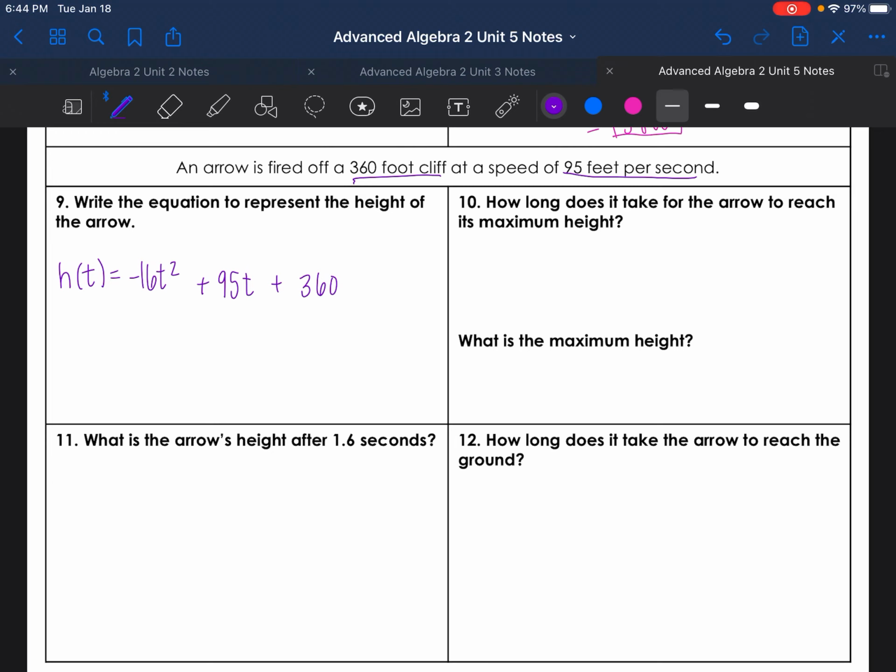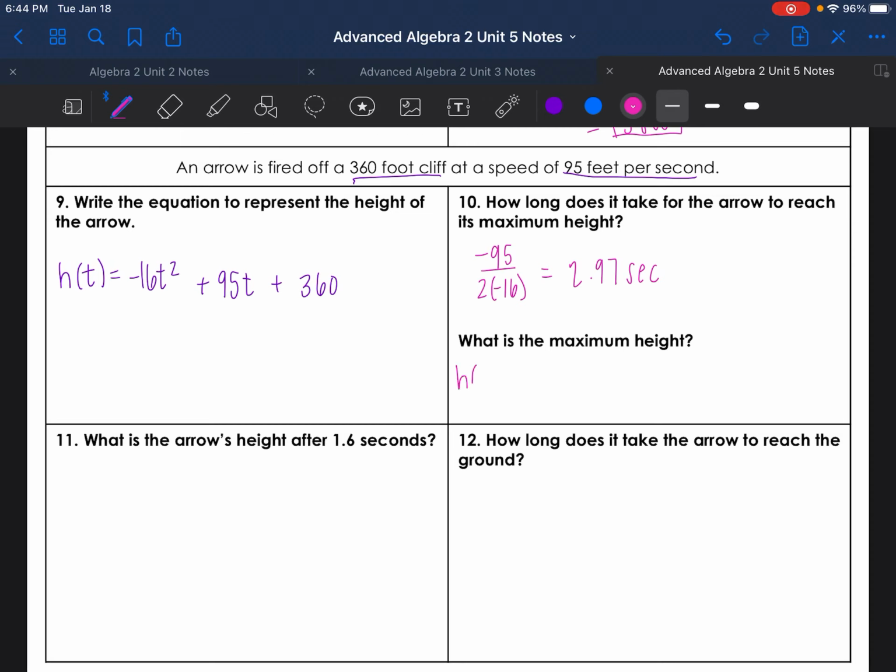How long does it take to reach the maximum height? You should have done the negative b over 2a. So negative 95 over 2 times negative 16. And when we round it to 2 decimal places, that's about 2.97 seconds.